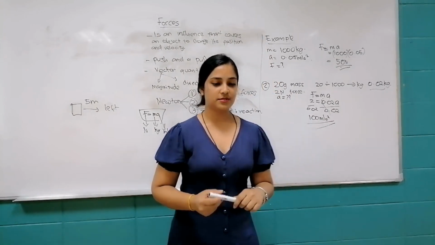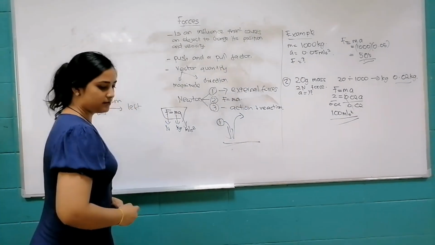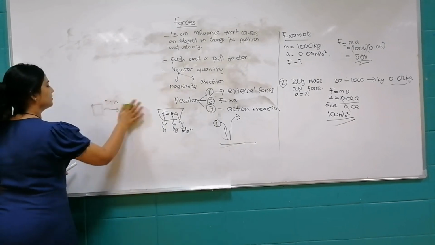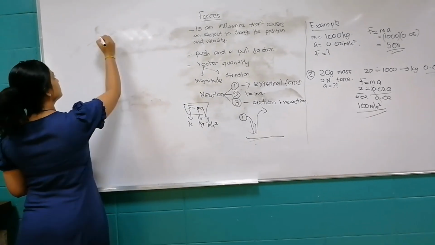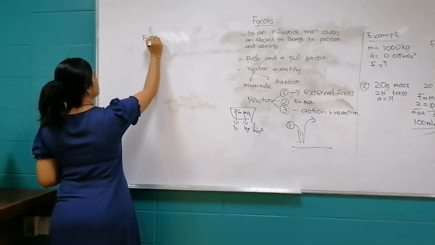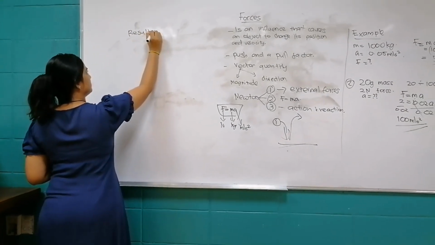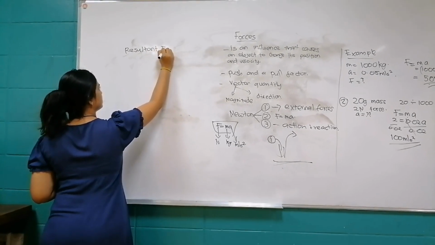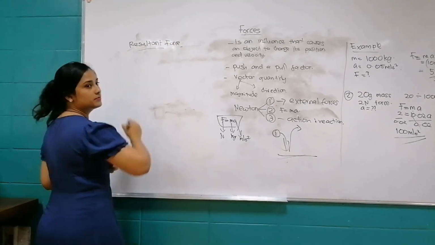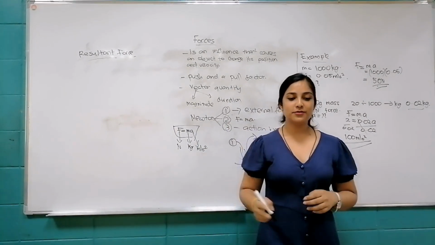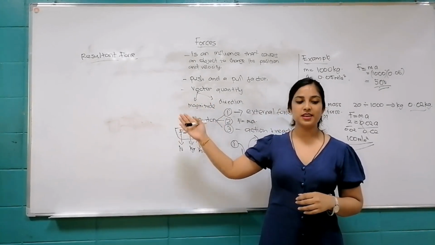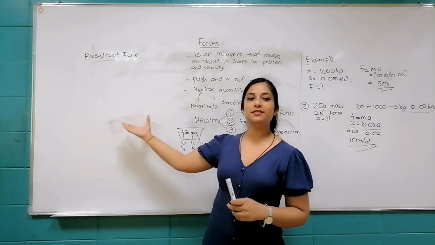Now resultant forces. What is a resultant force? A resultant force is when two or more forces are being applied to the same object and they can be replaced by a single force.